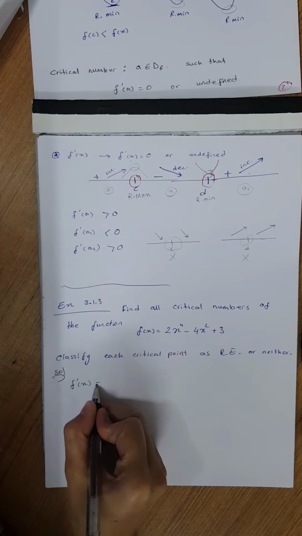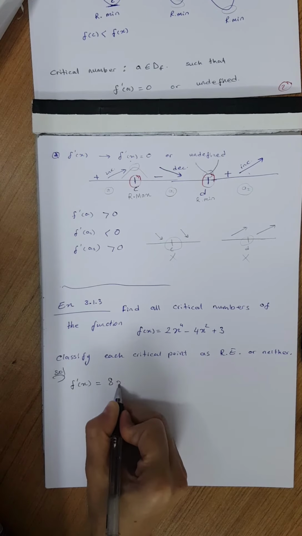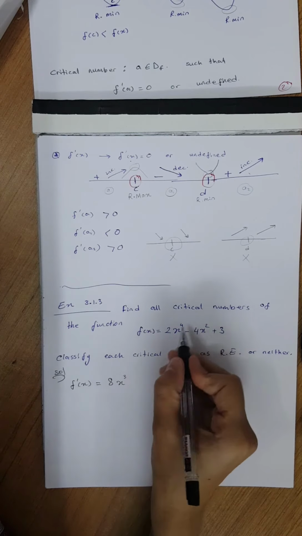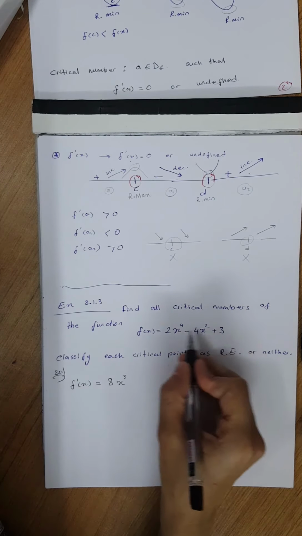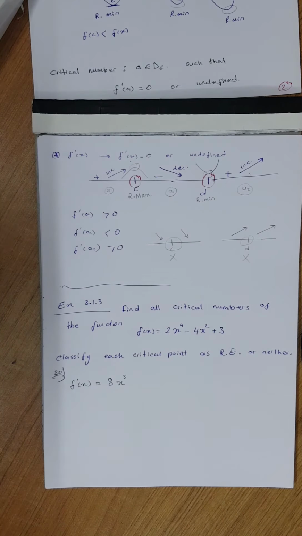Okay, what is the derivative of that function? That's equal to 8x to the power of 3. As you know, when we are finding the derivative of this one, the 4 comes next to the 2. So that will be 8x to the power of 3.